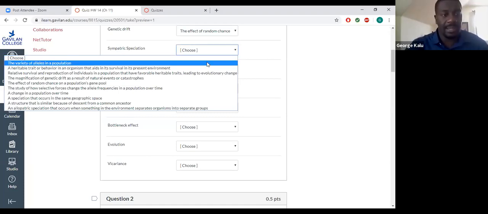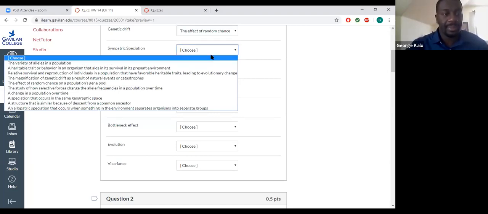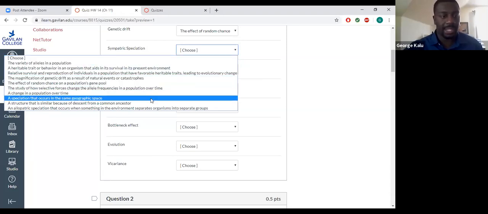How do we define sympatric speciation? The third to the last one, yeah, so speciation in the same geographic space, exactly.